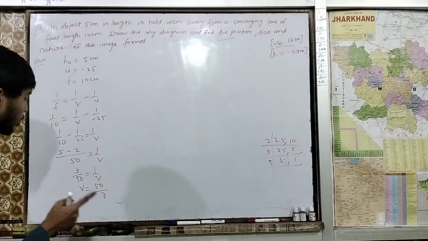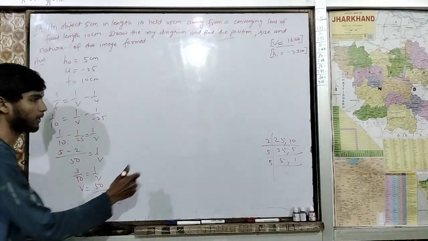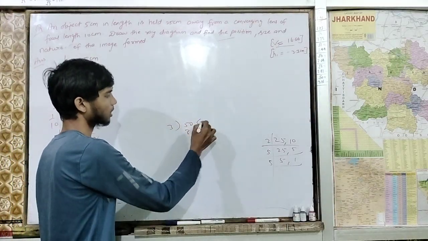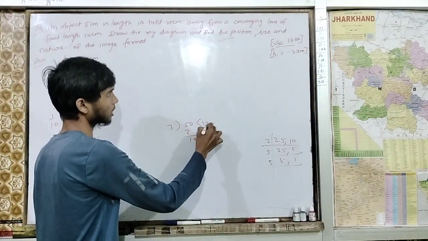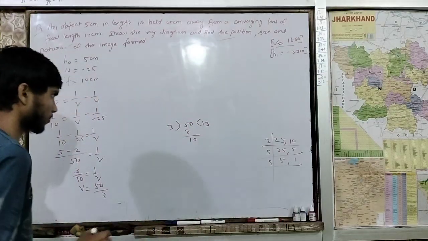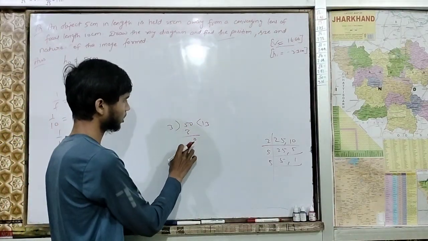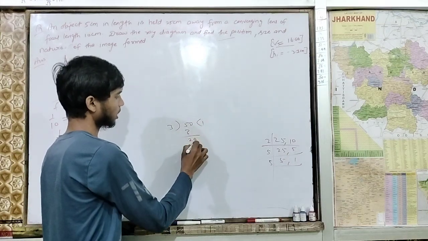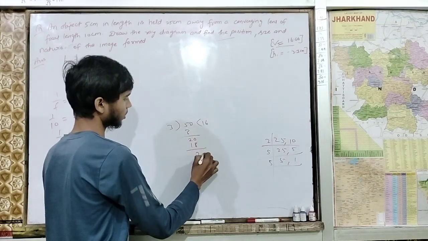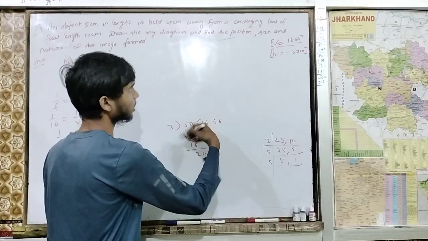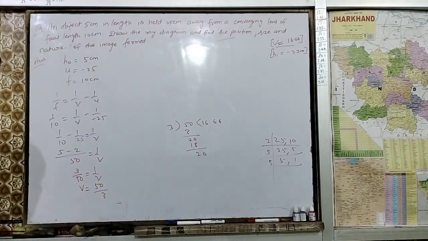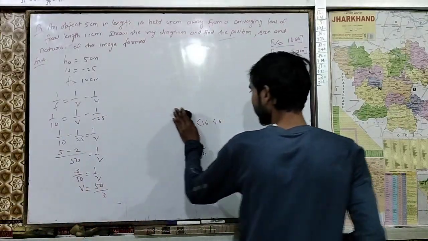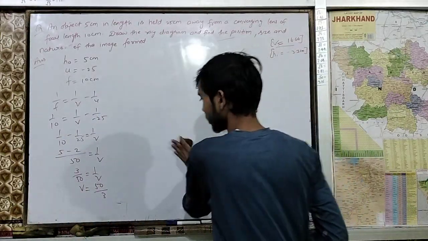When you divide 50 by 3, 3 ones are 3, then 0, 3 sixes are 18, leaving 2 again, and it will be 0.66 continuing. It's not terminating. So our v is coming 16.66.